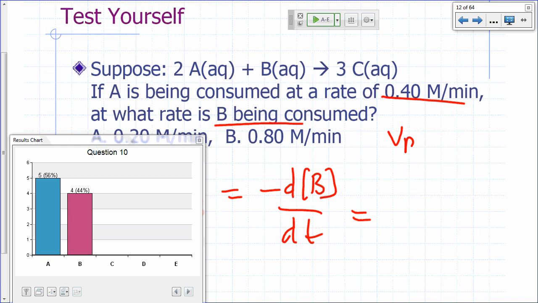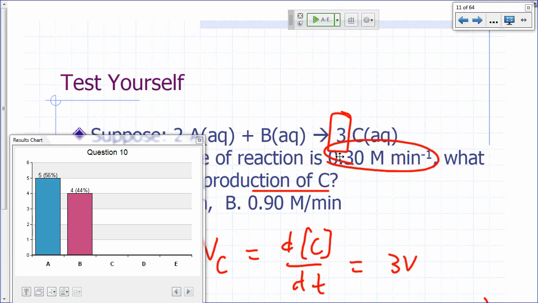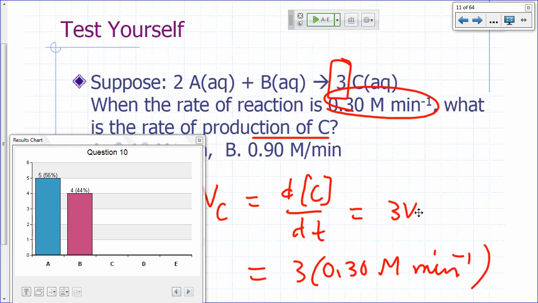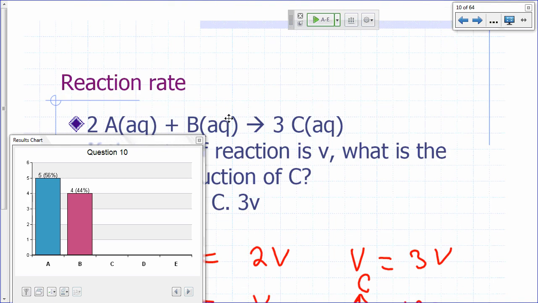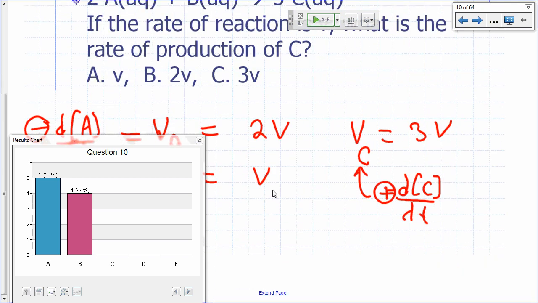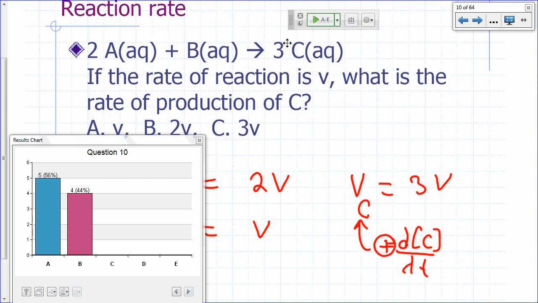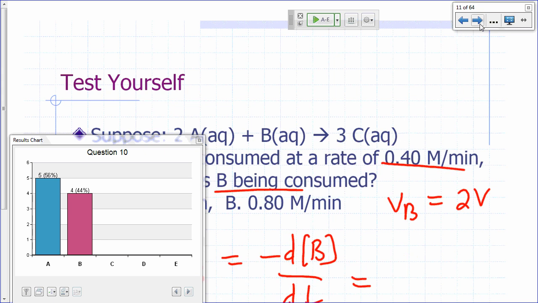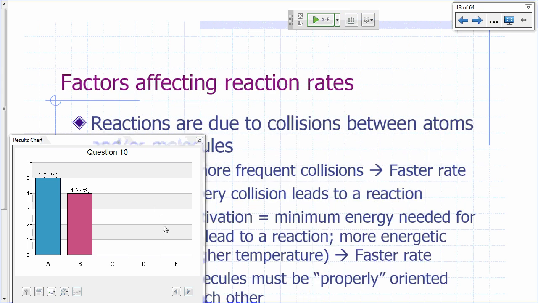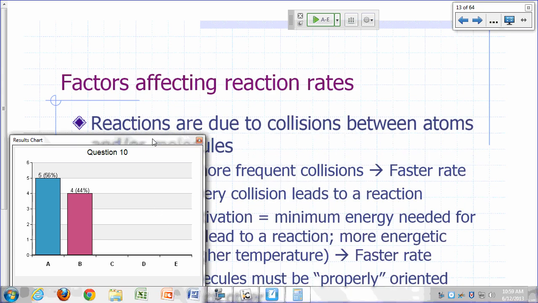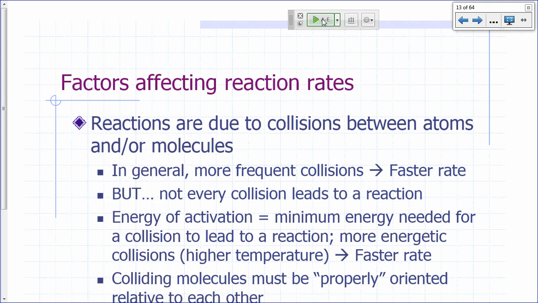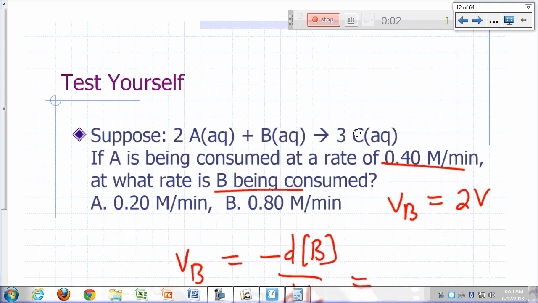V sub B is equal to 2 times B, right? Remember? V sub C is 3 times V. V sub A is V. Oh, it's a different one. So let's do it over.